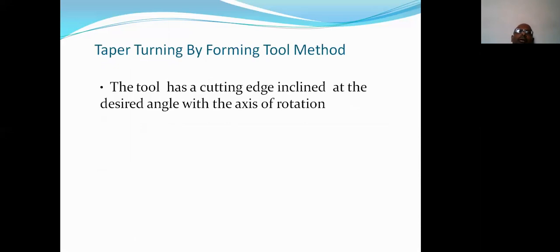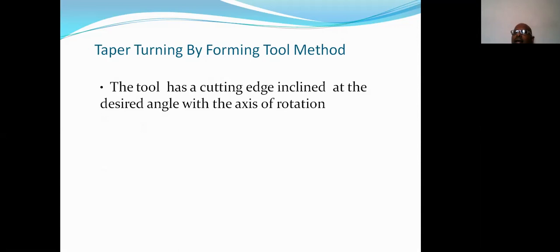Now come one by one. This forming tool method is very simple and very easy. But the drawback is that this method is used only for small taper portions. The tool has a cutting edge inclined at the desired angle with the axis of rotation.